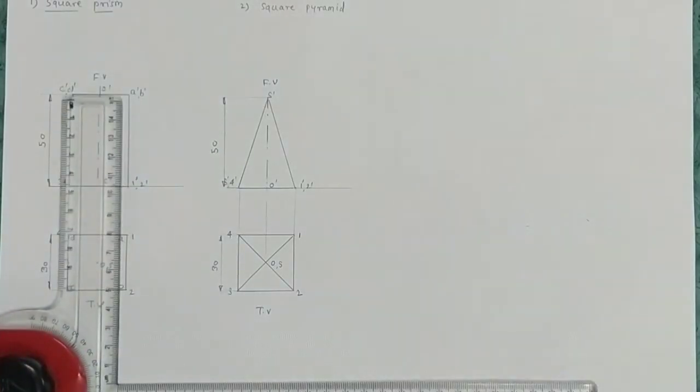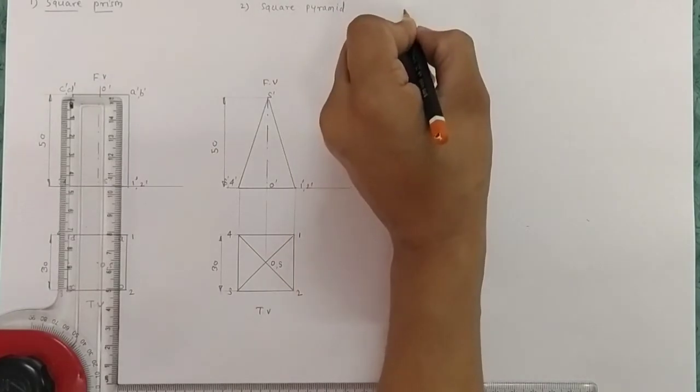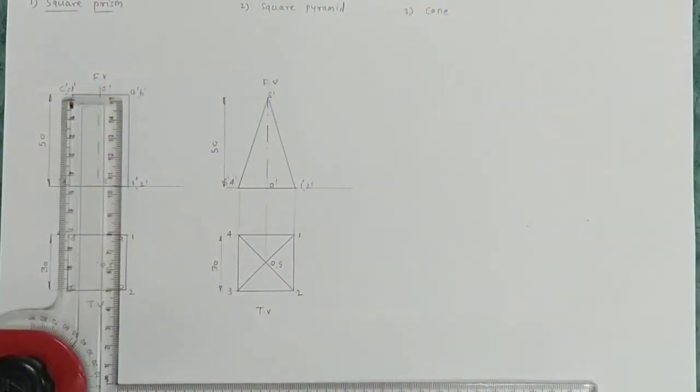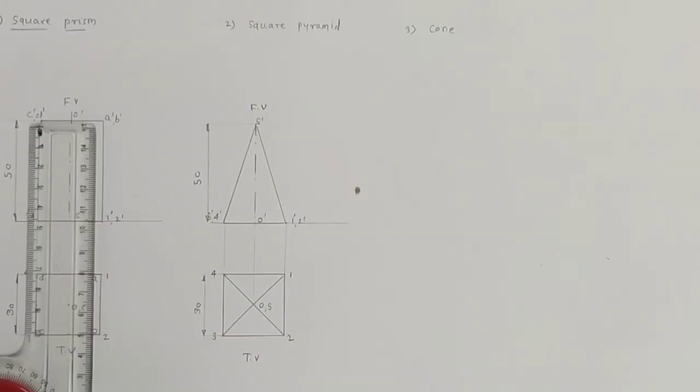Okay. Now next, the third object is the cone. Let us see an example. A cone, base diameter 50 mm and axis length given. Draw the projection of the cone when the circumference of a base point is resting on HP.